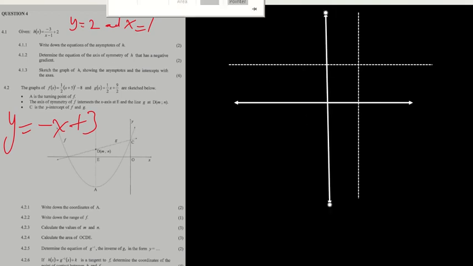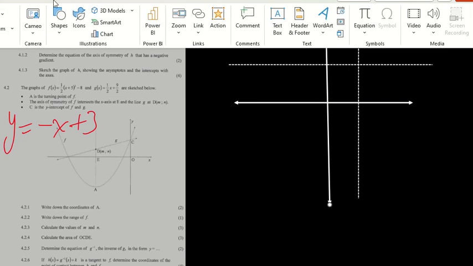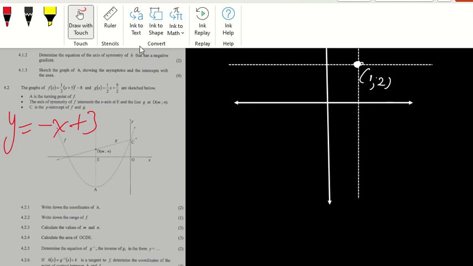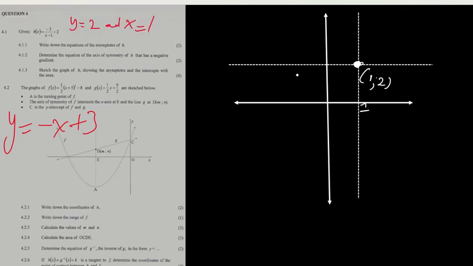Okay, where is my pen now? There it is. Then at this point, guys, we have the coordinates (1, 2). Here we have 1 and here we have 2.